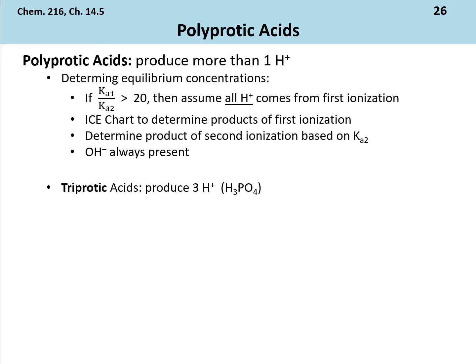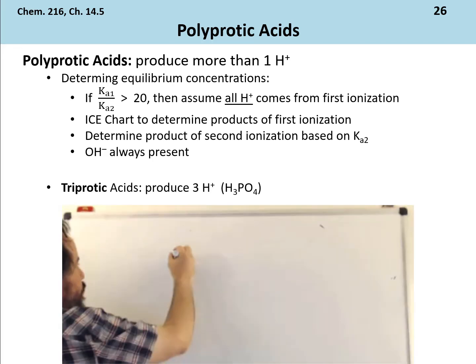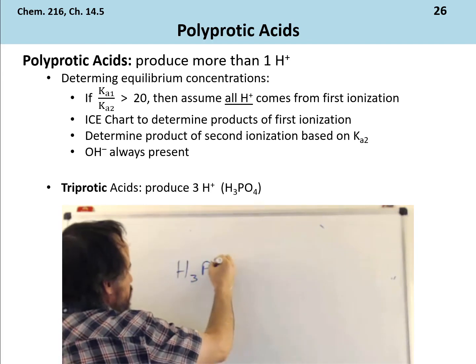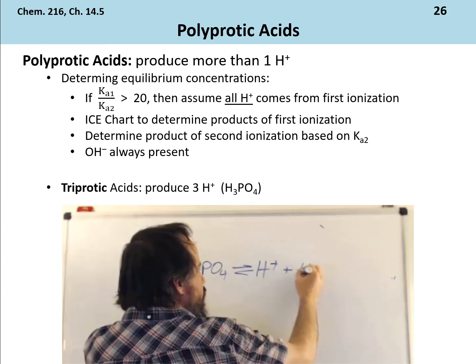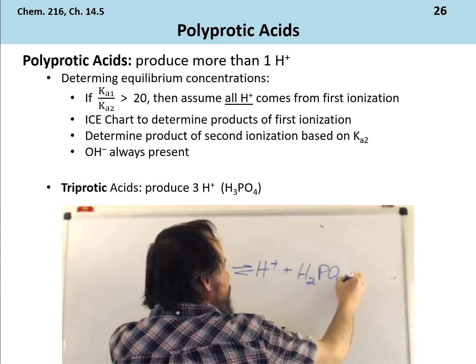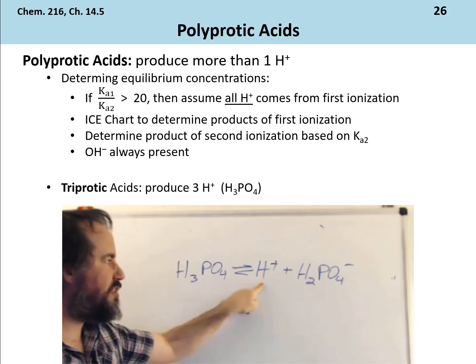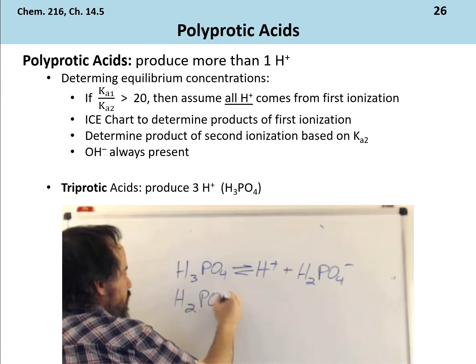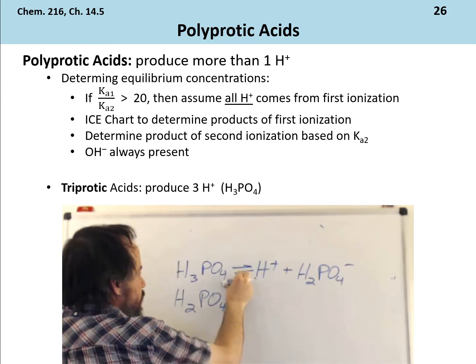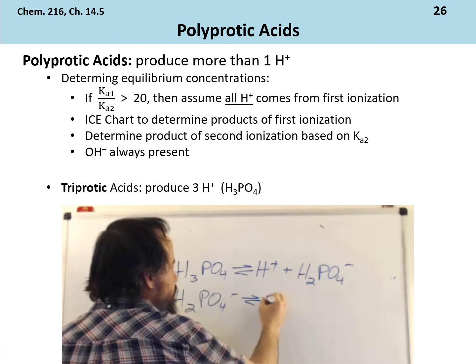Okay, so let's just do this on the board. If I start off with H3PO4, I'm going to lose an H+. That's going to make this H2PO4 minus, right? Because I'm losing something positive, so that makes me negative. And then that's going to go ahead, minus, and lose another H+.